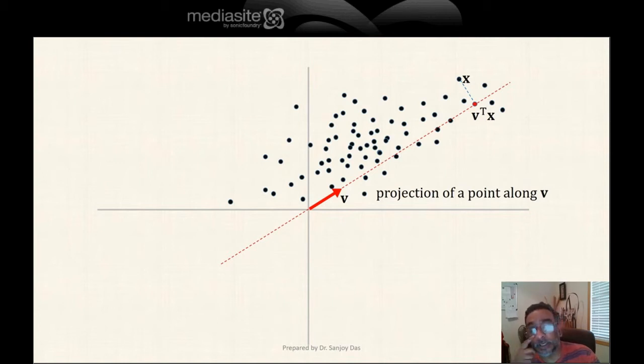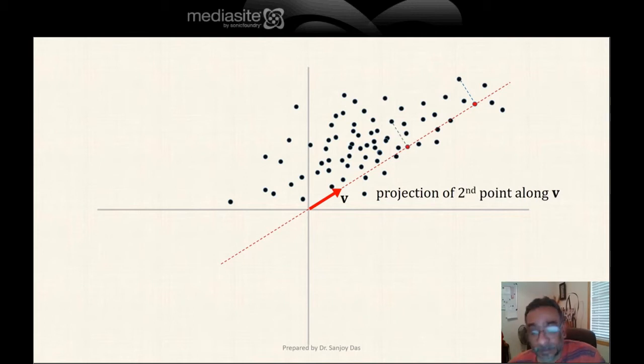How do we project the sample points, all these x's, along V? We simply take V transpose x, and this length from the origin to this red point here, V transpose x, is the projection.